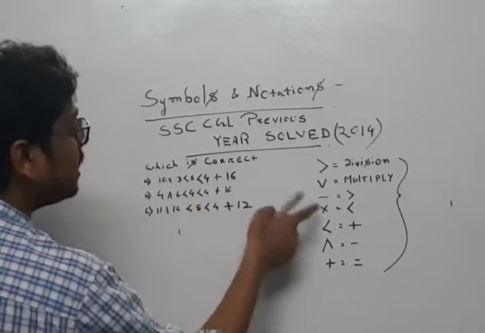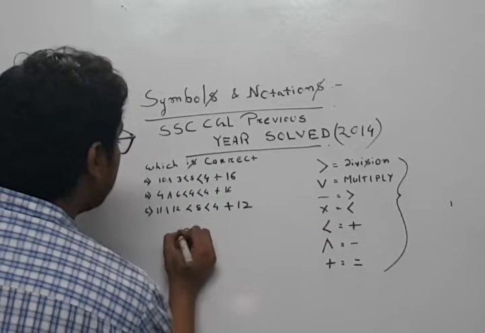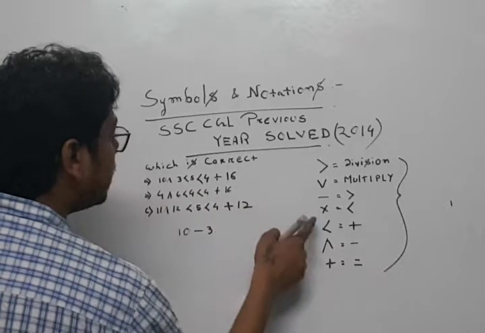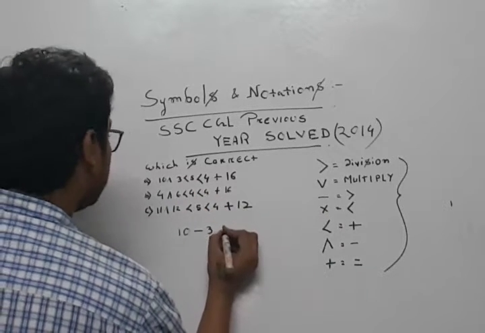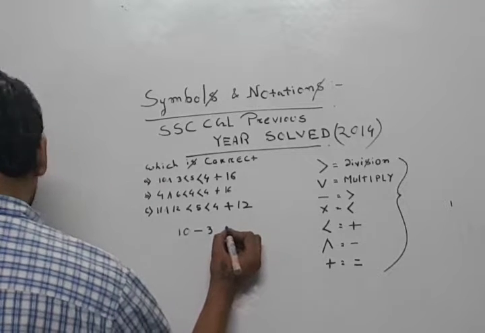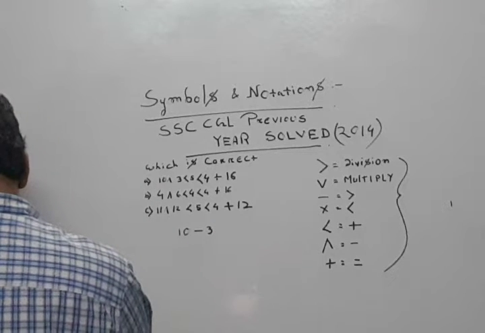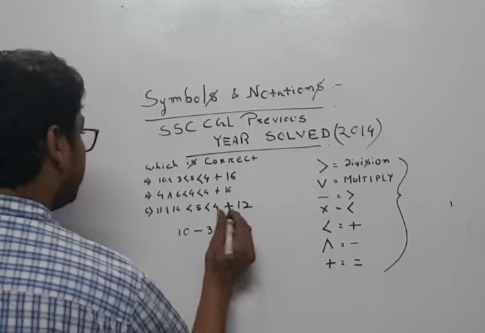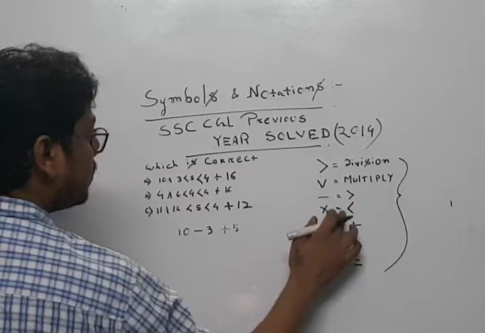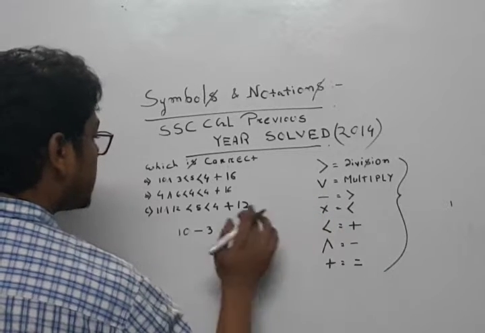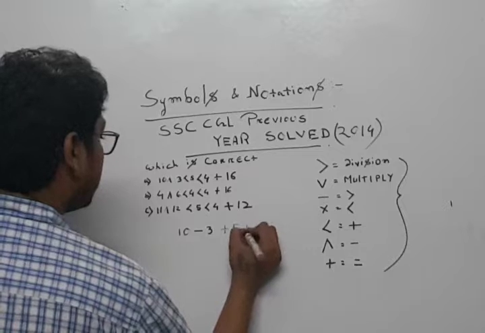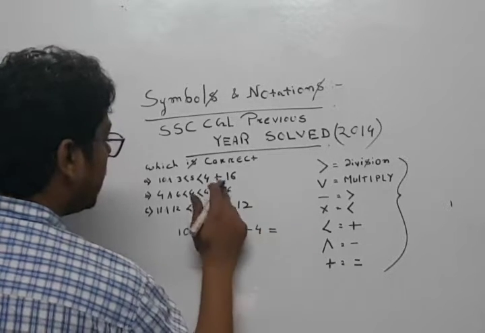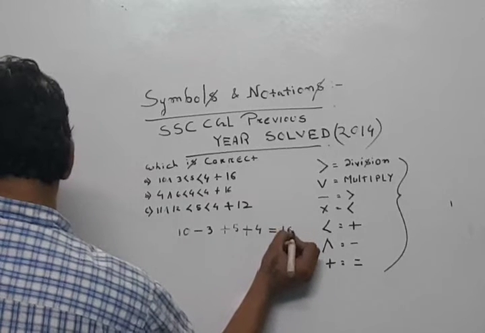If we arrange it according to the conditions, it will look like 10 minus 3, and after that we can write plus 5, because you can see that means plus. Then another plus 4 and is equal to 16.